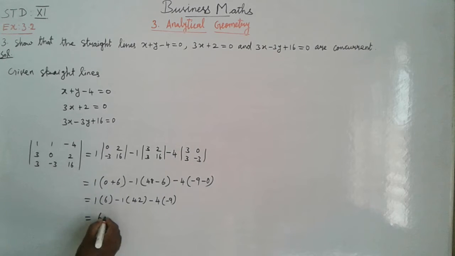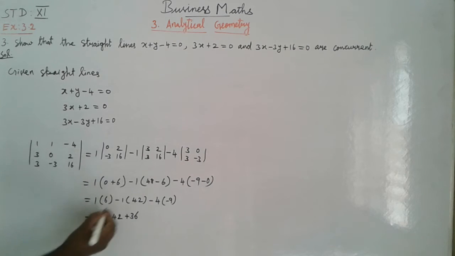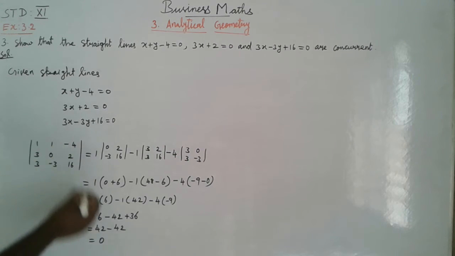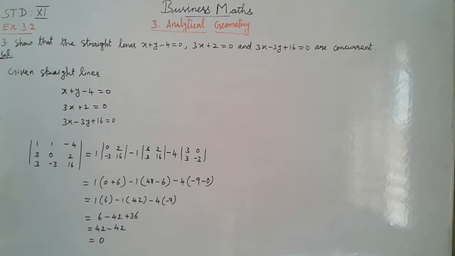Minus 1 into 42 is minus 42. Minus 4 into minus 9 is plus 36. So 6 plus 36 is 42, minus 42 equals 0. So the determinant value equals 0, the given lines are concurrent.